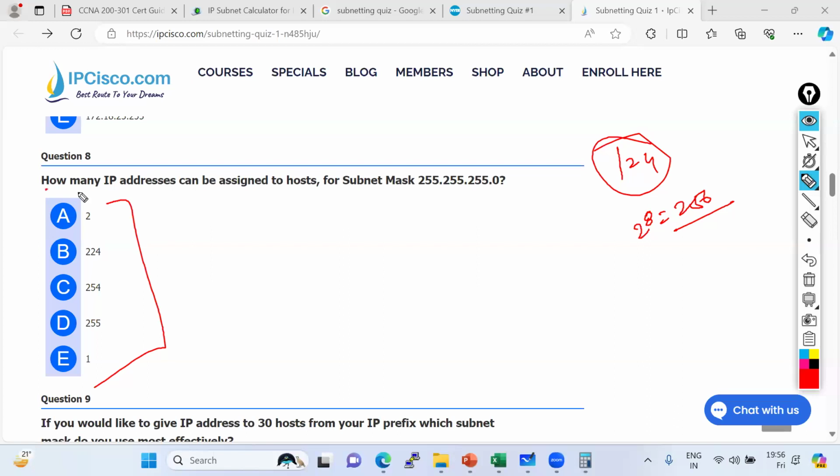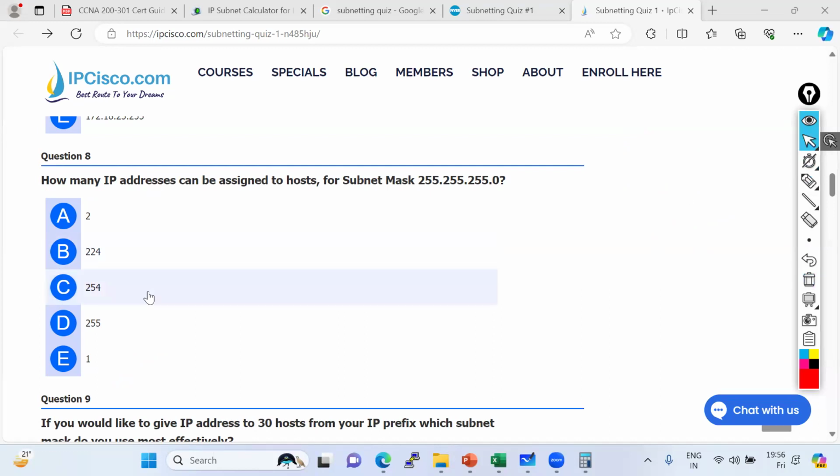But if they're asking how many IP addresses, read carefully. They are the total hosts, but valid IPs are minus 2. So 256 minus 2, 254. So when they ask for IP addresses, they're actually asking for the valid hosts. Yes, you have to be careful. You have to do the practice.